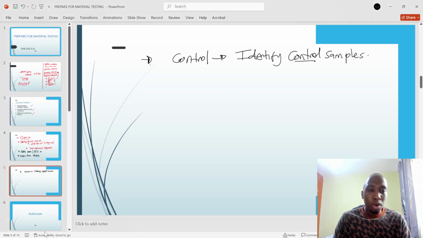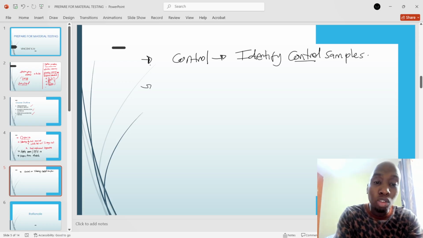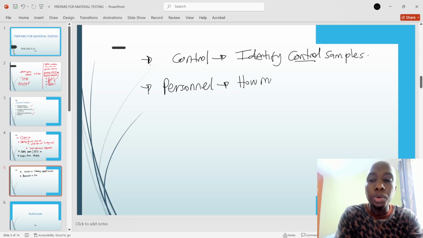We have realized that those are some of the things that you need as you organize. Just to add a few, you also need to identify the personnel. How many people will you need? It's just part of organizing.